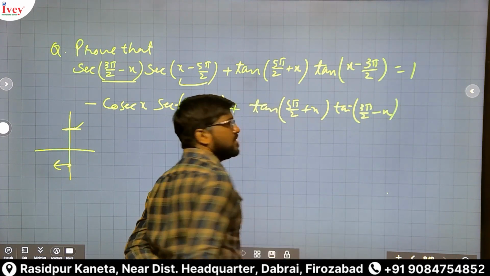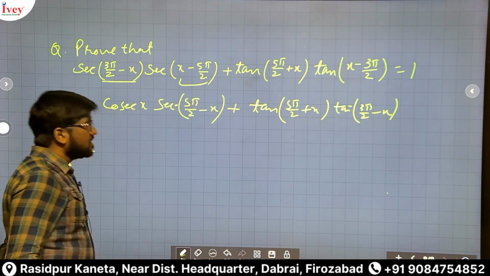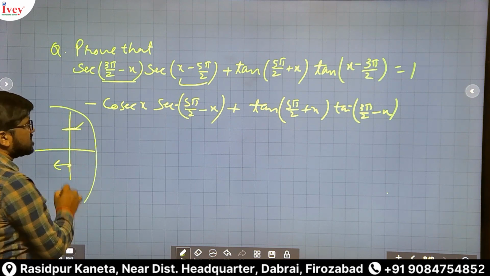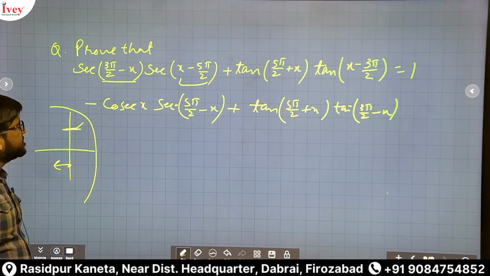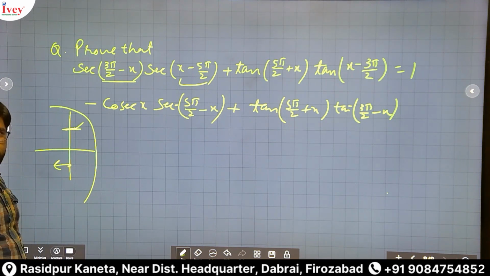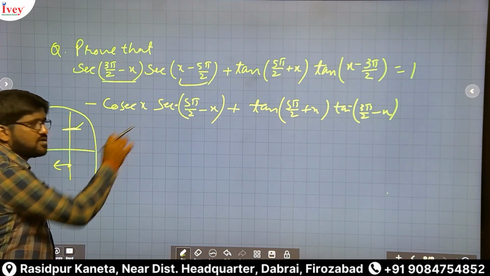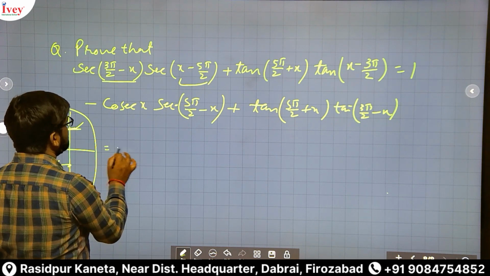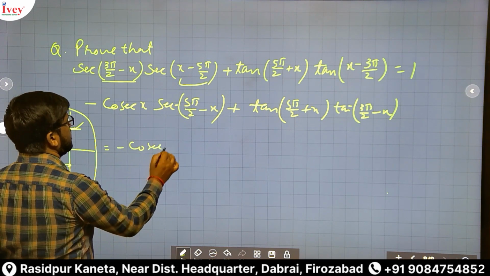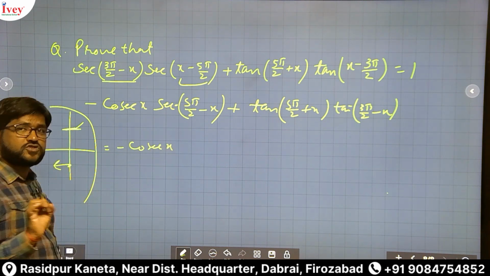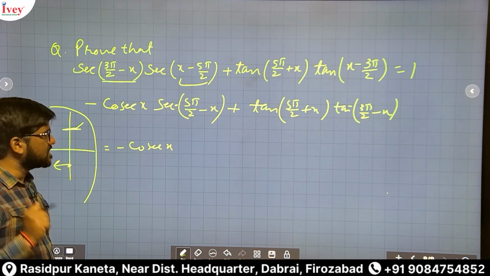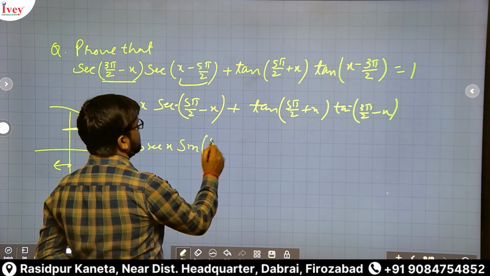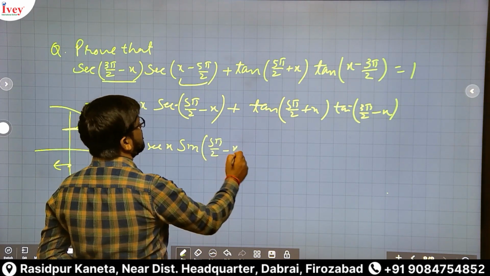I hope and believe everyone is getting it, right? And at the beginning of this video, I told you that for minus theta you always apply the law of the fourth quadrant. In the fourth quadrant, which trigonometric ratios are positive? Cos and sec. So it is sec, and it is going to be positive. So it is going to be pi by 2 minus x.